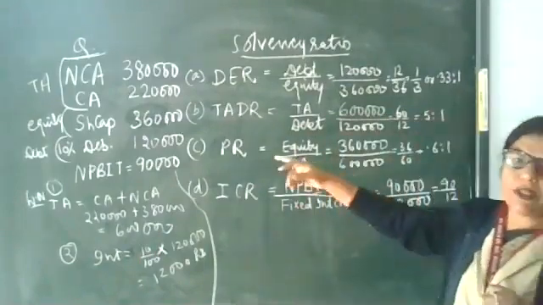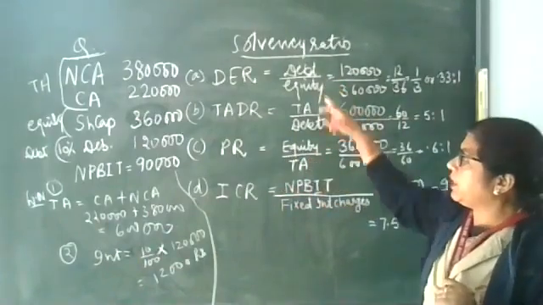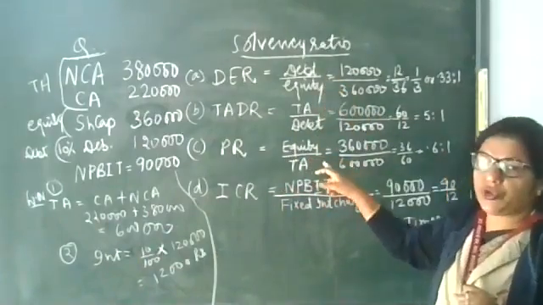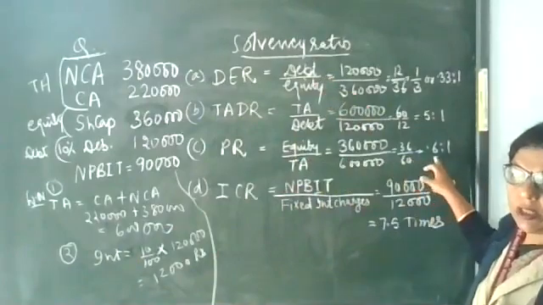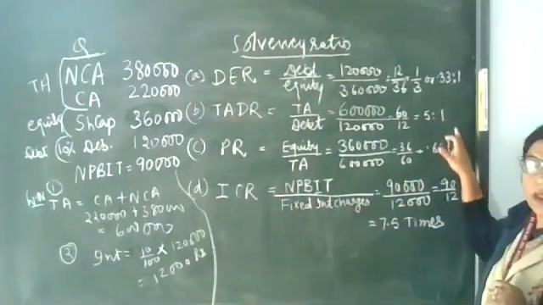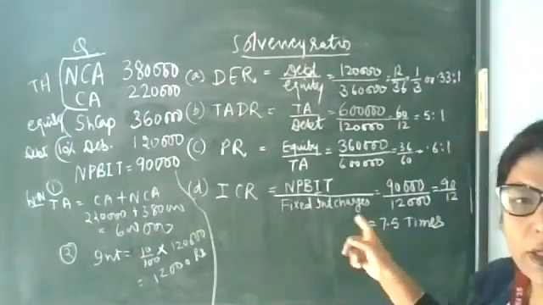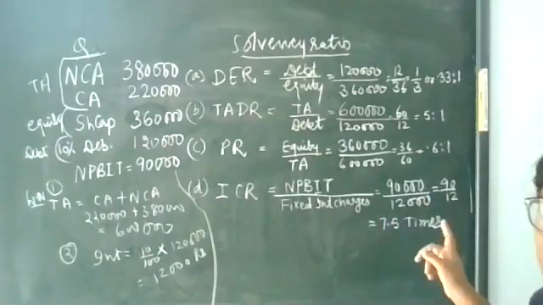Okay. Now the proprietary ratio formula is equity upon total asset. That is the combination of these two. So when we cut, that is 0.6:1. These three ratios are in is to.